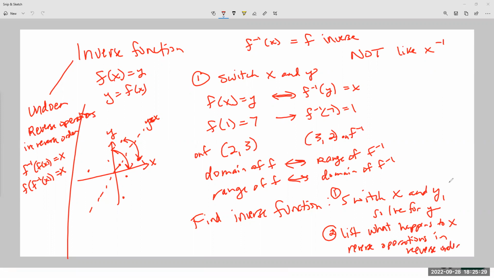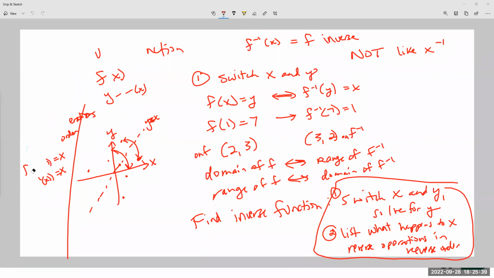So that's two ways to find the inverse function, and I'll look at both of those. All right, I'm going to do some examples, but I want to keep some of this up.